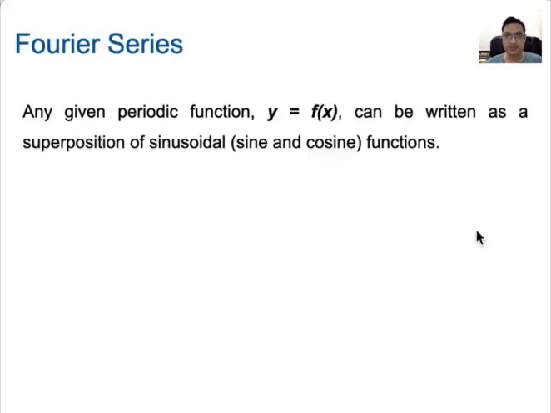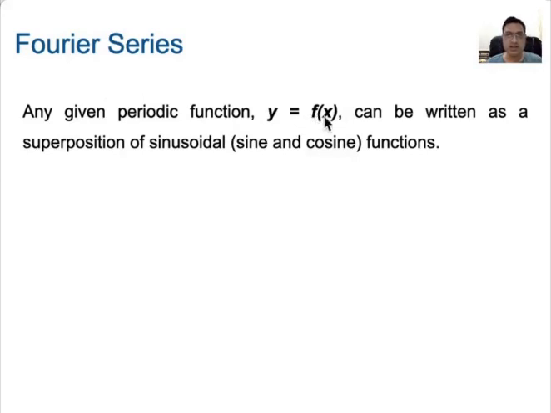Okay, now here is a very important message or conclusion that Fourier has given, which is known as a Fourier series. So he said that let's take a periodic function f of x.